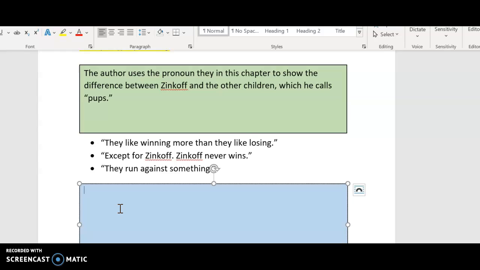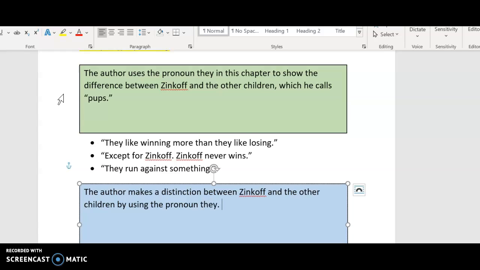Now, down at the bottom, my last box is my second E, which is my explanation. So imagine that these have been my quotes. This is my answer, okay? I'm just going to explain it. Let me make it a little bit bigger so you can see it as I do it. Okay? It's short, so it should fit in there. The author makes a distinction, which is a separation, between Zinkoff and the other students, other children, I'm going to call them, by using the pronoun "they."